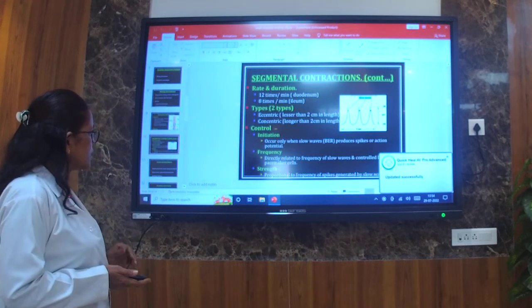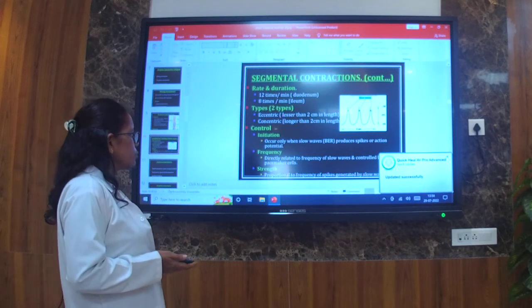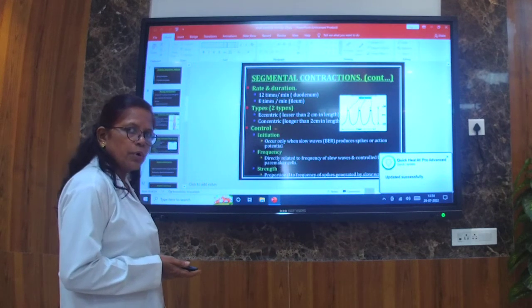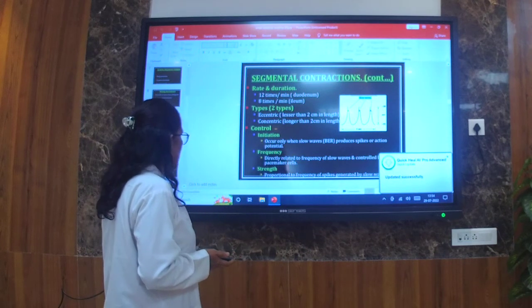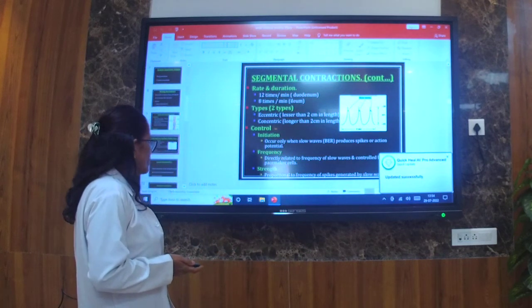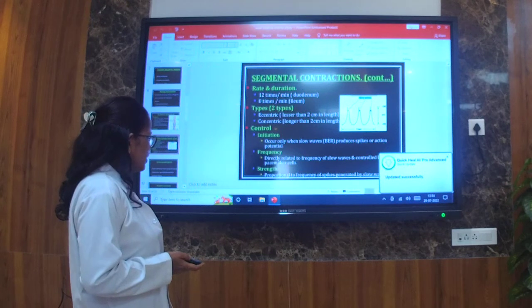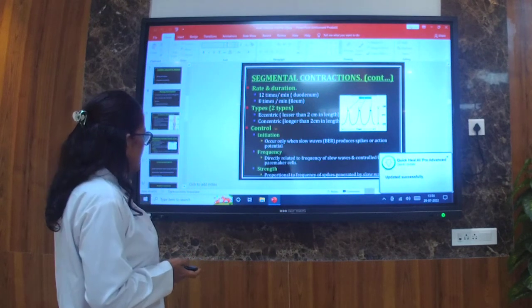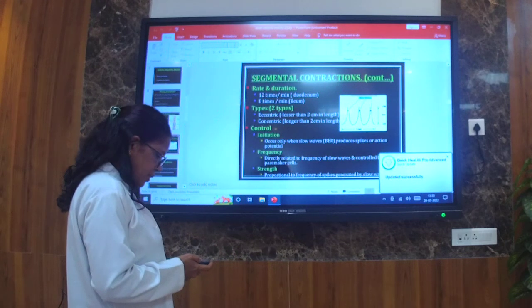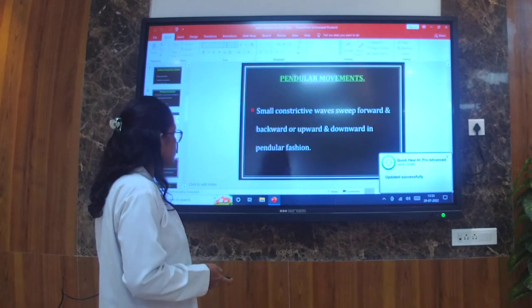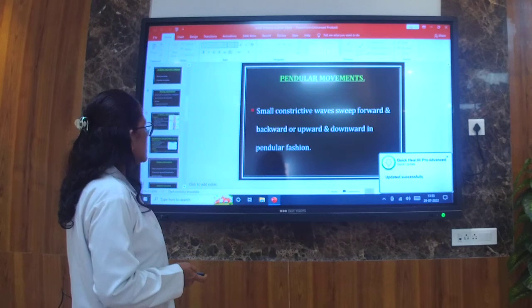The frequency is directly related to the frequency of slow waves. Increased slow waves increase the segmental contraction, which is controlled by pacemaker cells. The strength is proportional to the frequency of spikes generated by the slow waves. It is directly proportional to the slow waves.